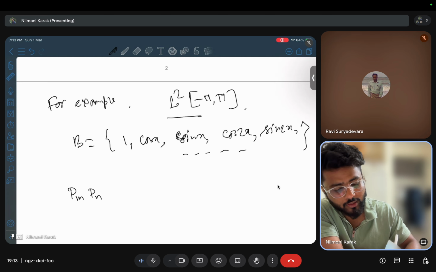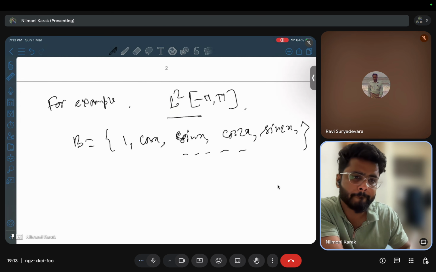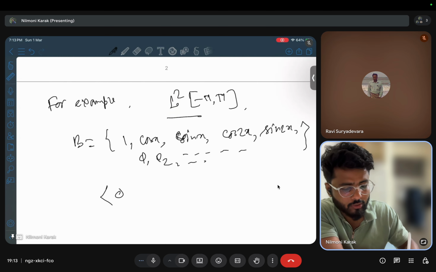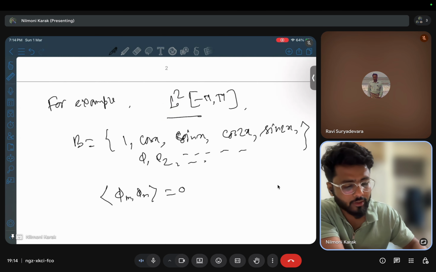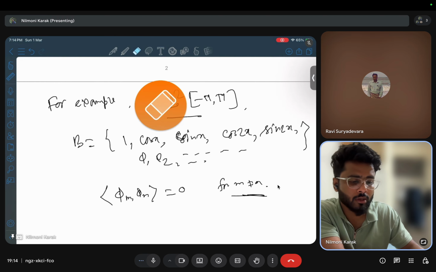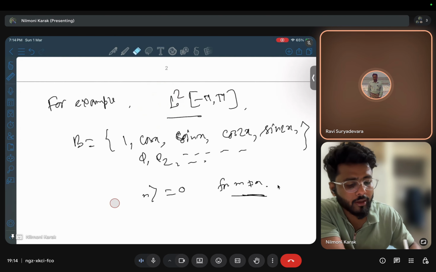So they are in an inner product space, phi 1, phi 2, and so on. So the inner product of phi m and phi n is 0 for m not equal to n, then it is called orthogonal. Got it? Yeah, m not equal to n.